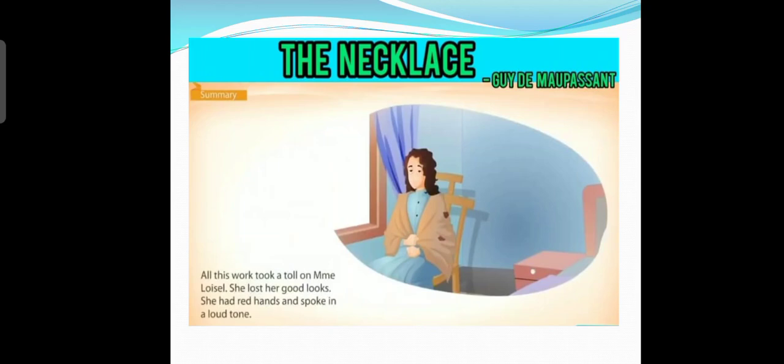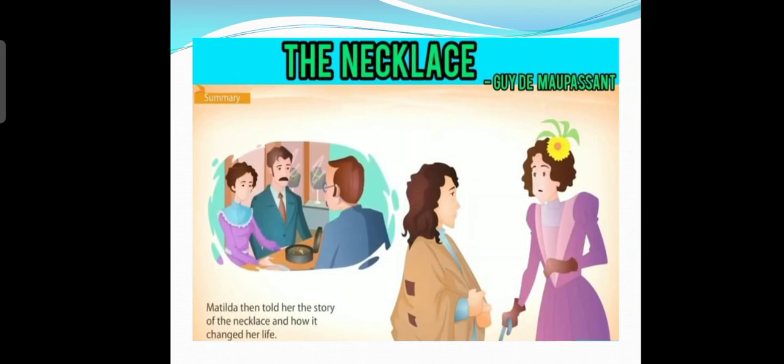See here how she looks now after 10 years. All this work took a toll on Ma'am Loisel. She lost her good looks. She had red hands and spoke in a loud tone. Now her appearance was changed completely. Matilda then told her story of the necklace and how it changed her life.